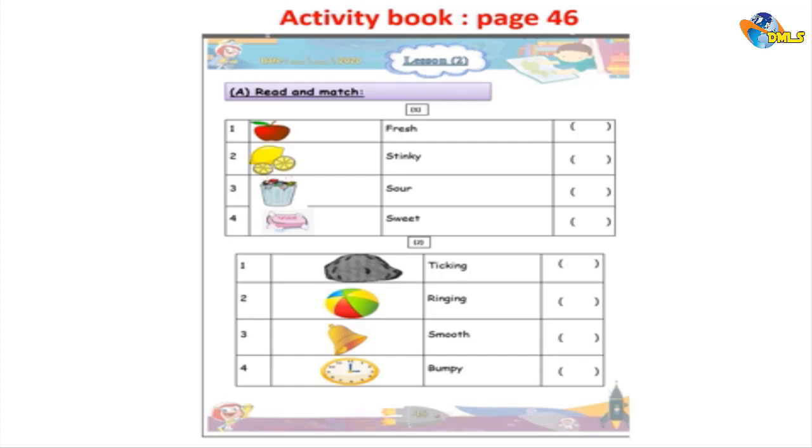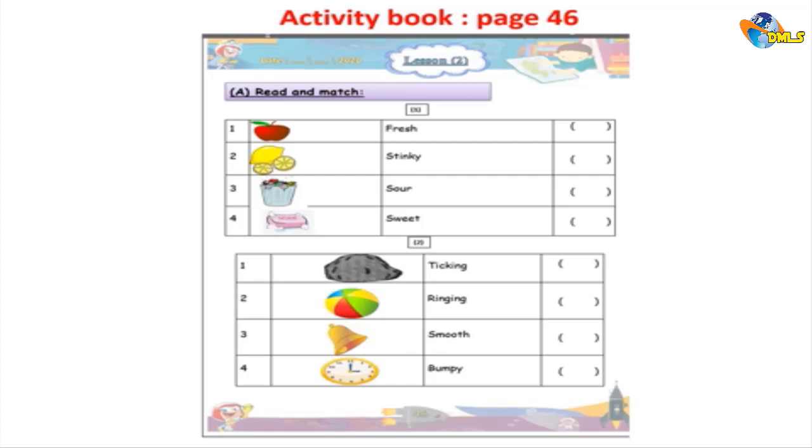Question A, read and match. I have number 1, apple, number 2, lemon, number 3, garbage, number 4, soup. We have fresh, stinky, sour, sweet. We will match them. Don't forget that we don't match by lines, we match by writing numbers.